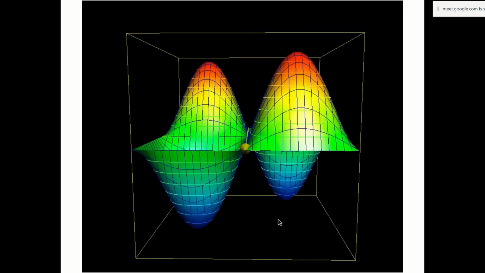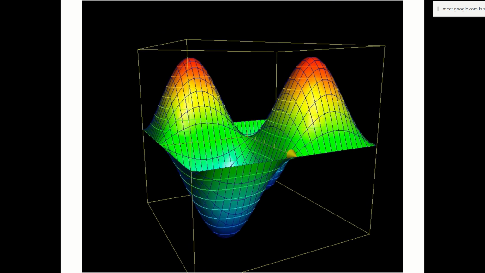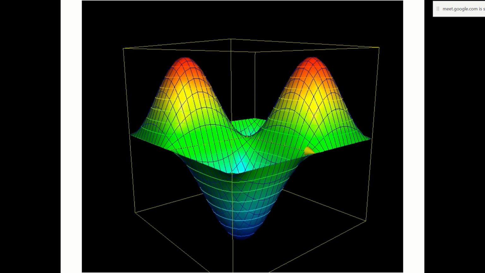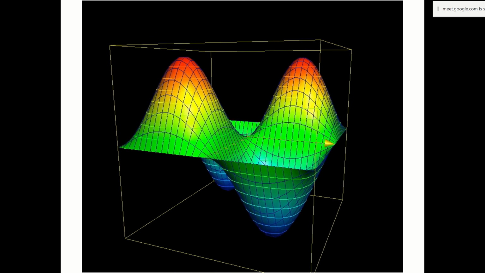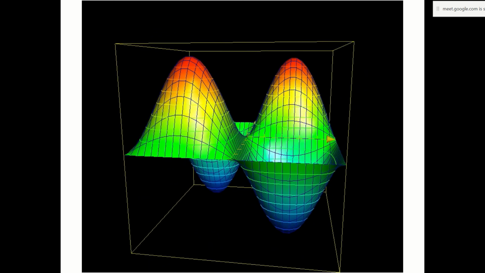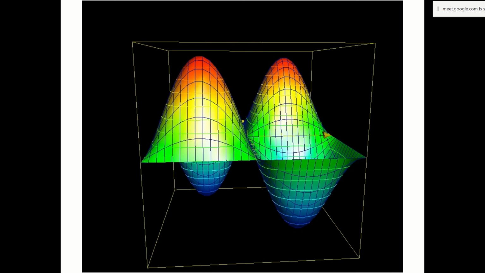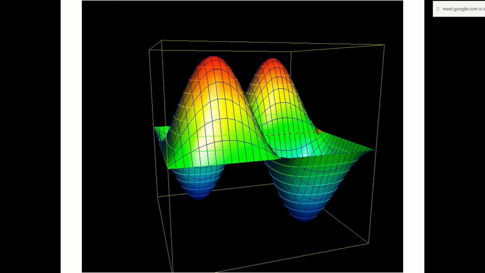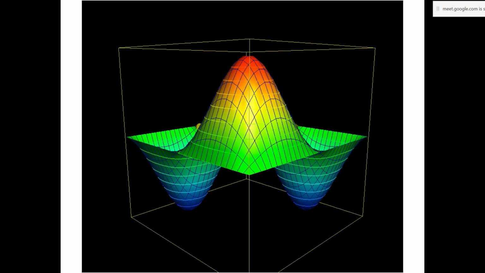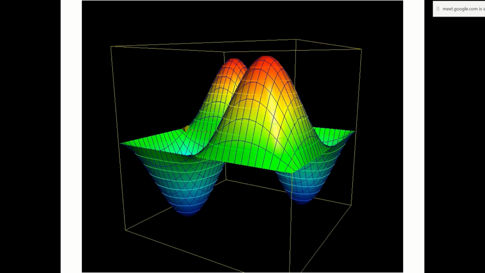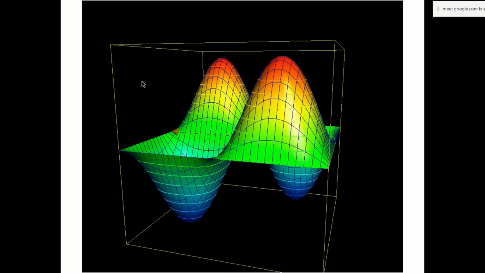So along x, two nodes, so two half waves. Along y also you can see there are two nodes appearing. So two half waves in both of them. It is also an easier way to describe things. You talk in terms of half waves. How many half waves can you fit along y?